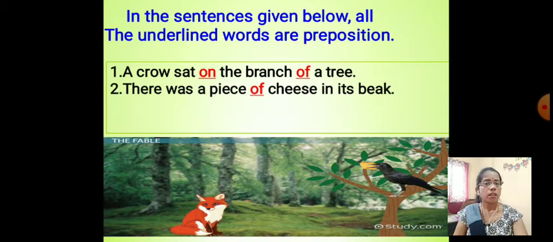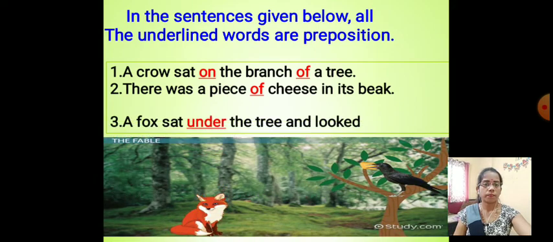Second one, there was a piece of cheese in its beak. Here also the word shows the relation between the noun and pronoun. So here in and of, these are the prepositions.